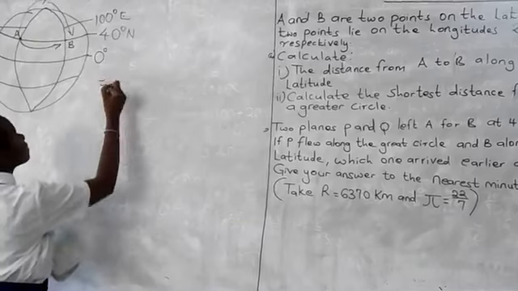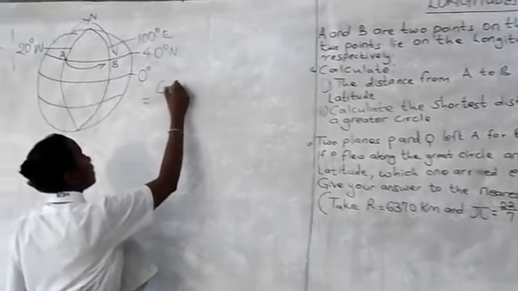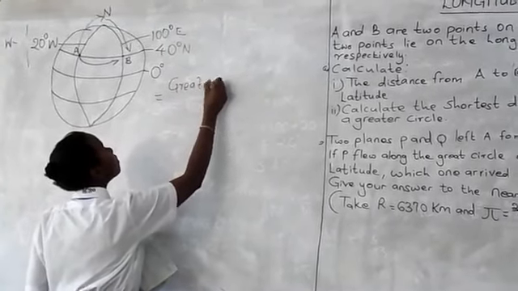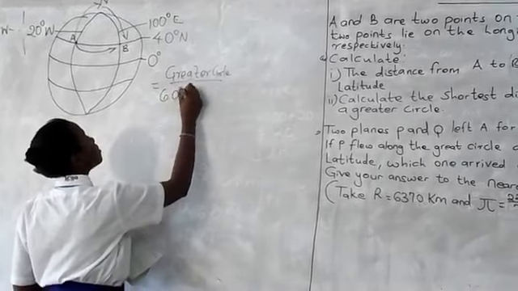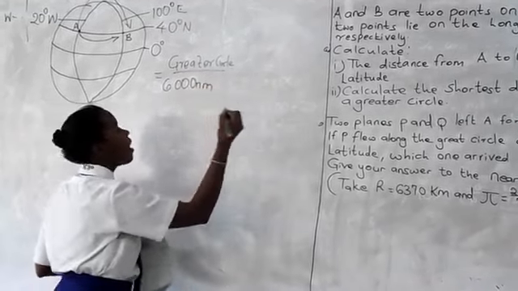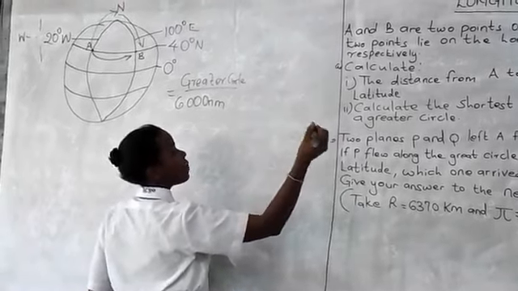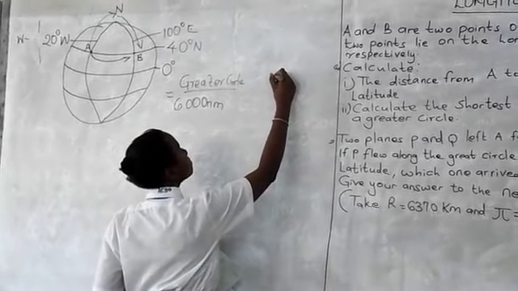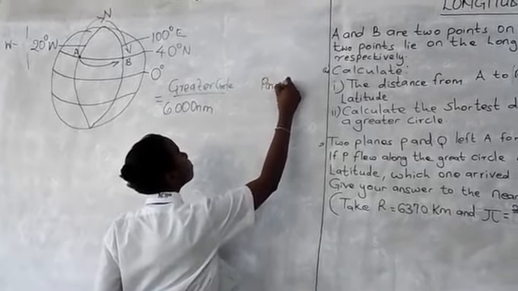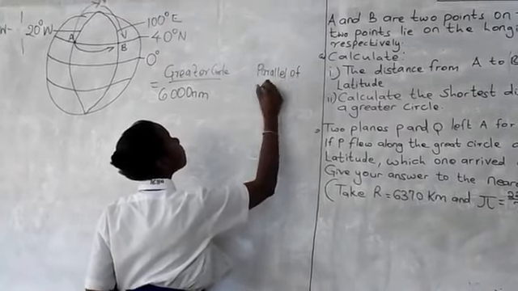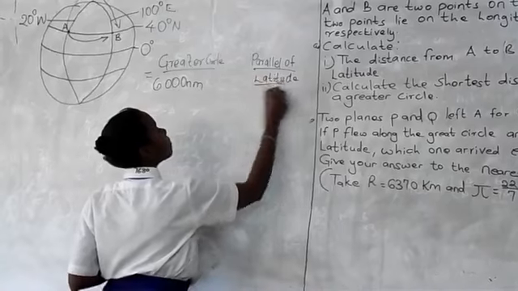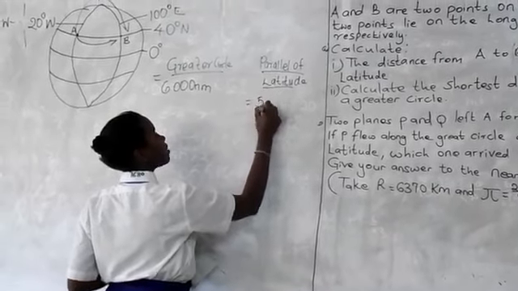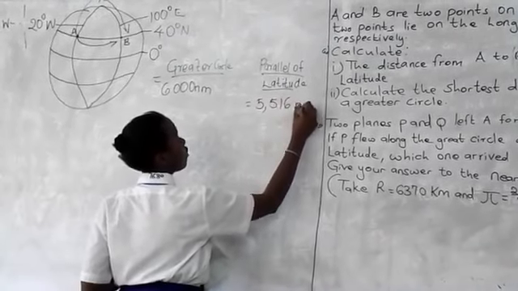We write the one that you got from the great circle was 6,000 nautical miles, and the one across the parallel of latitude was 5,516 nautical miles.